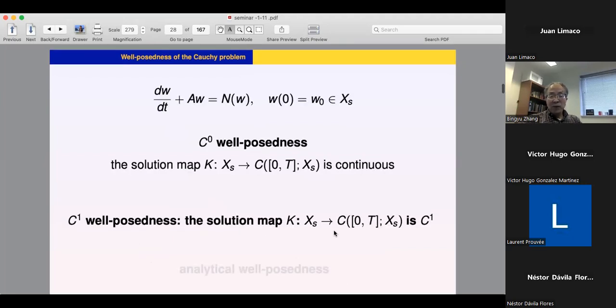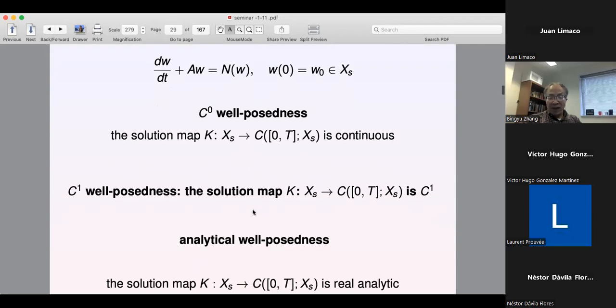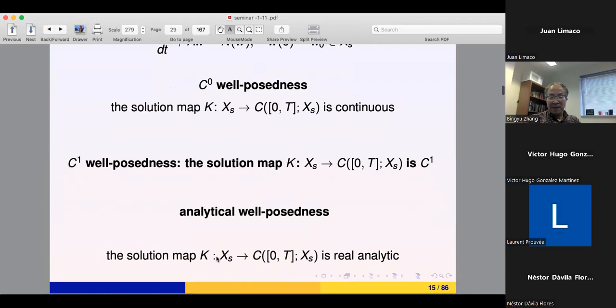Usually we call this kind of well-posedness C0 well-posedness because the solution map is only continuous. However, if the solution map is also C1, then we say C1 well-posedness. If the solution map is C2, then we say C2 well-posedness. Moreover, if the solution map is real analytic from this space to this space, we say this is analytically well-posed.